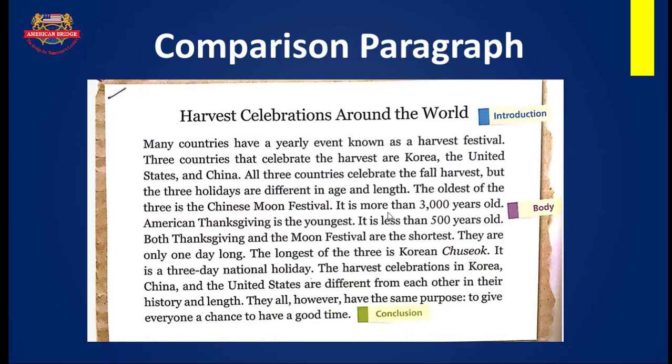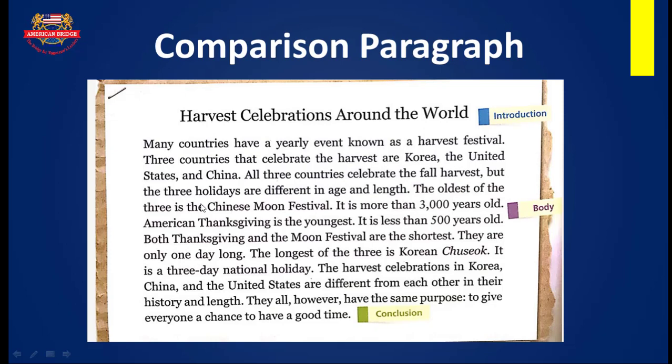Many countries have a yearly event known as the Harvest Festival. Three countries that celebrate the harvest are Korea, the United States, and China. All three countries celebrate the fall harvest, but the three holidays are different in age and length.